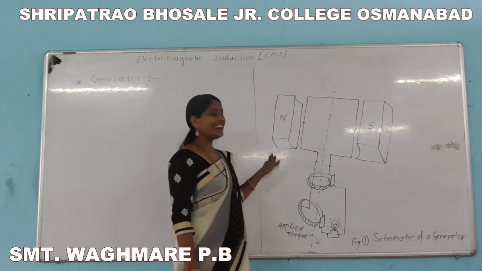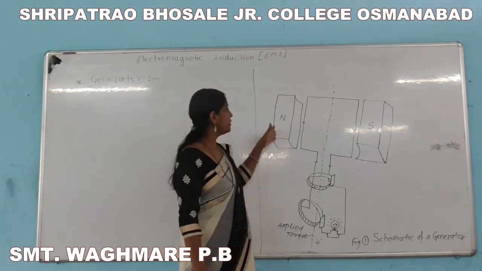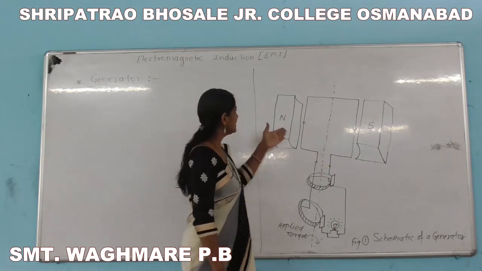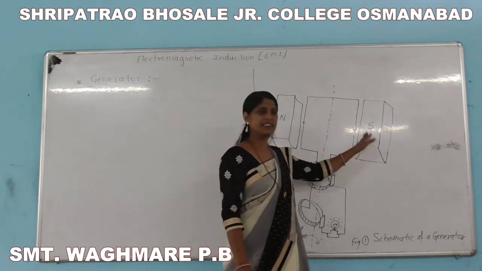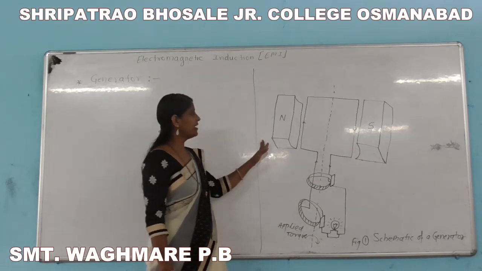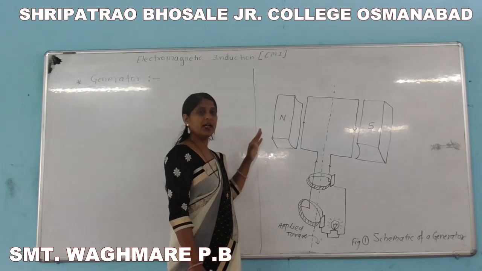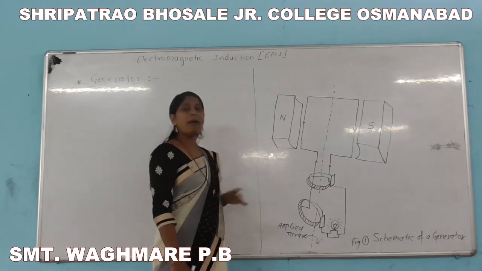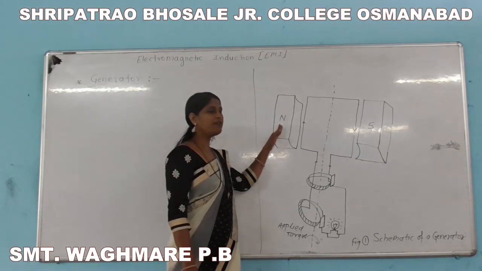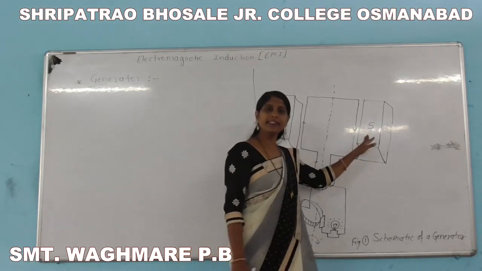Here, to produce the electrical energy, we have used two magnetic poles. This is the N pole and this is the S pole.